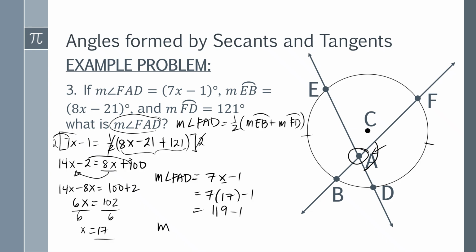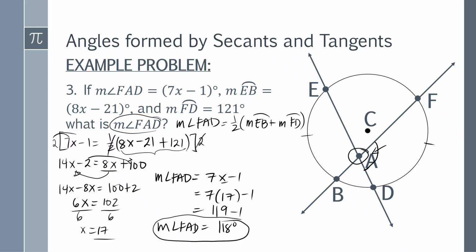So the measure of angle FAD is actually equal to 118 degrees. I hope that you understand this situation. If this is very unclear to you, please go back to the part which is unclear so that you can understand as much as possible.